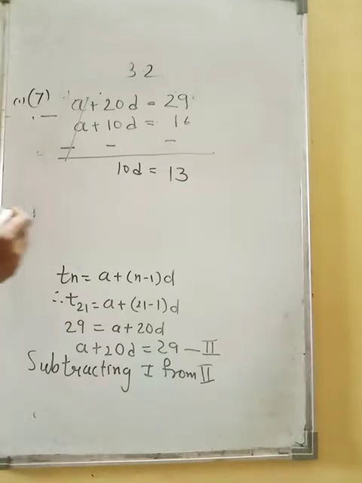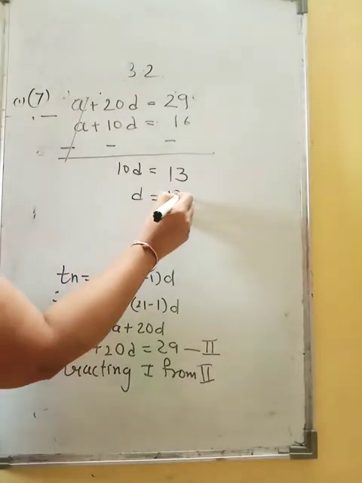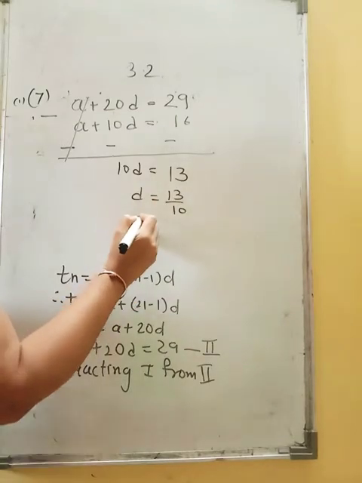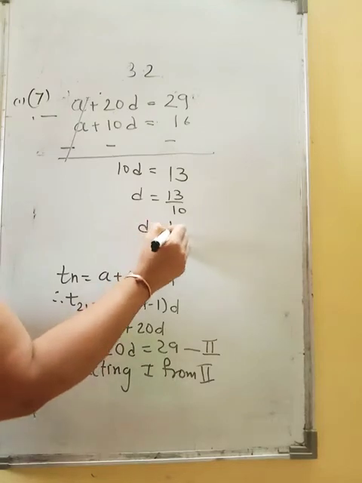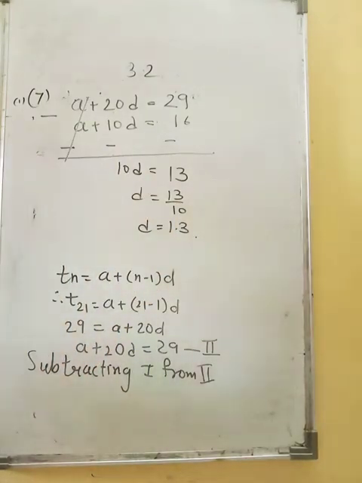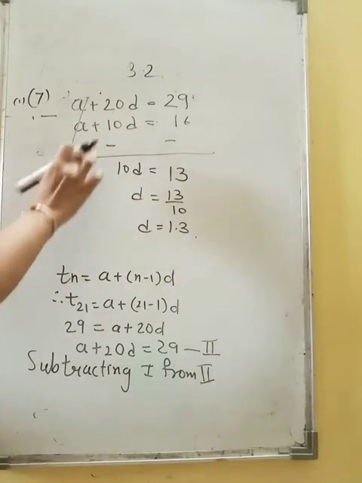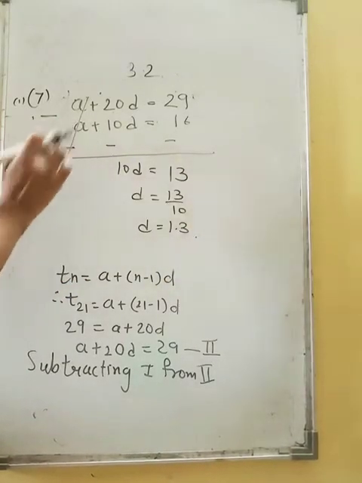So what will be D? D will be 13 upon 10. So our D is in decimals, children. Now 1 point, we can't help it, whatever it is. So now we have to substitute D again in any of the equations. This is the smaller equation, so in that we will put it.